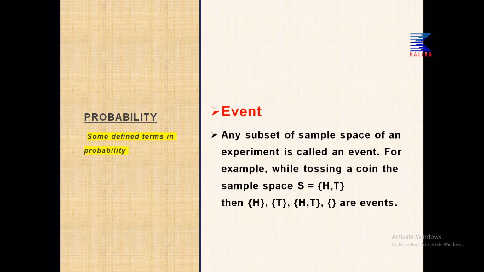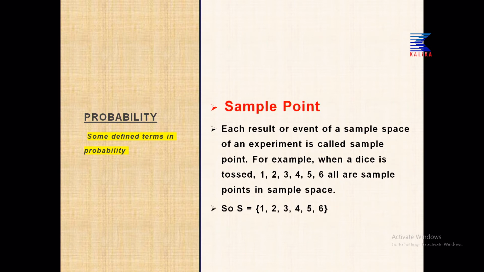So, after event, sample point. You can read, dear student: each result or event of a sample space of an experiment is called a sample point. For example, when a dice is tossed, 1, 2, 3, 4, 5, 6 all are sample points in the sample space.